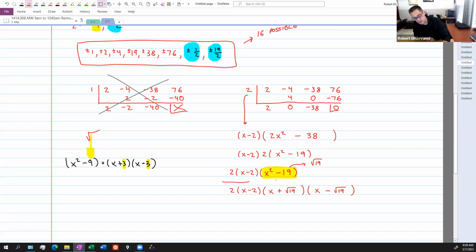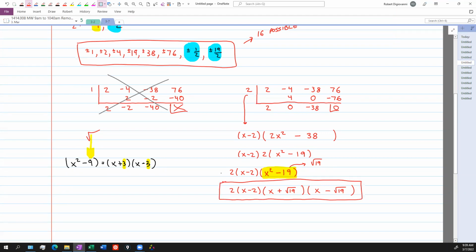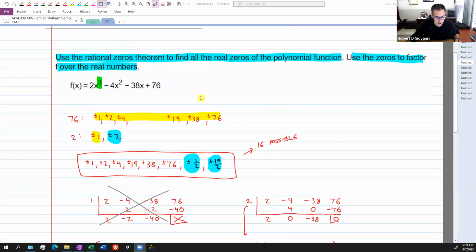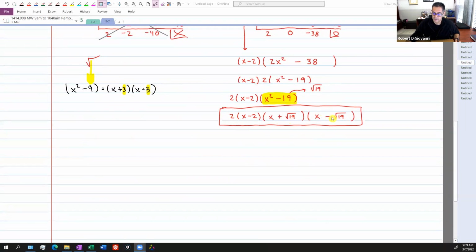And that is our completely factored polynomial. Questions on this? Sure, we're good. Let me make sure I did use the zeros to factor f over the real numbers. So we have factored it completely. So we're done.